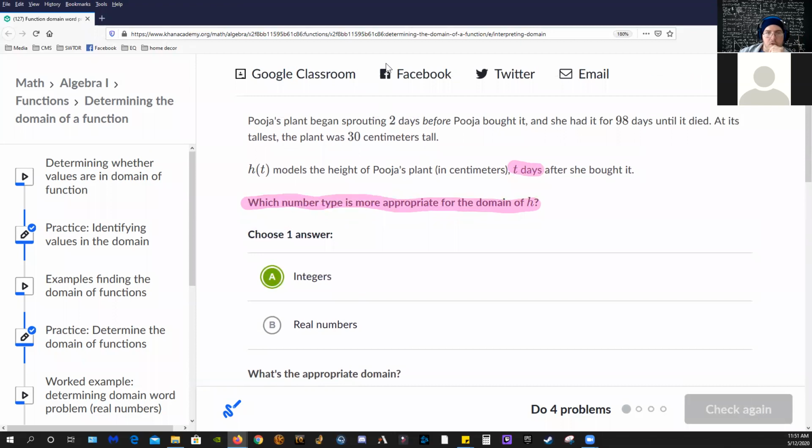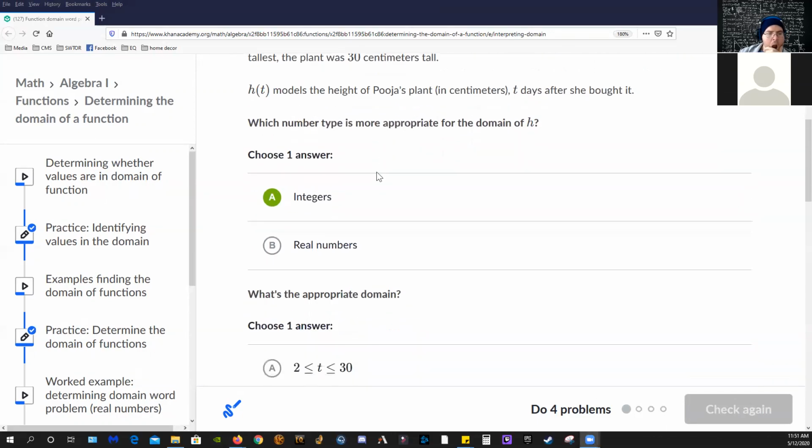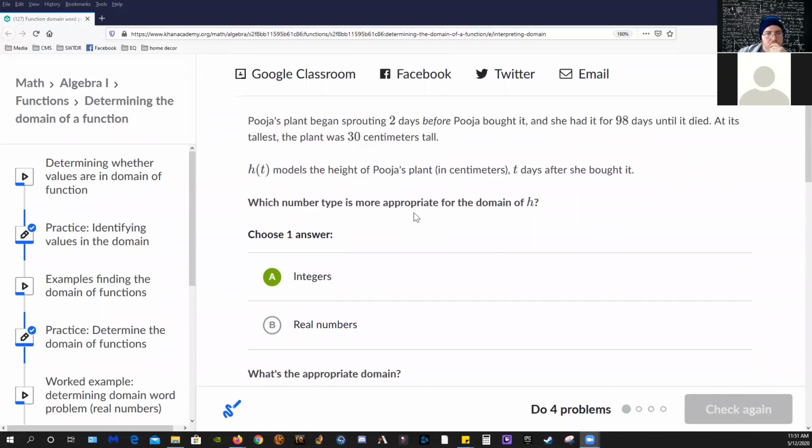Oh, my drawings aren't going to come with me, so I better clear those. Pooja's plant began to sprout 2 days before Pooja bought it, and she had it for 98 days until it died. At its tallest, about 30 centimeters tall. Height depends on time, where T is days. Okay.